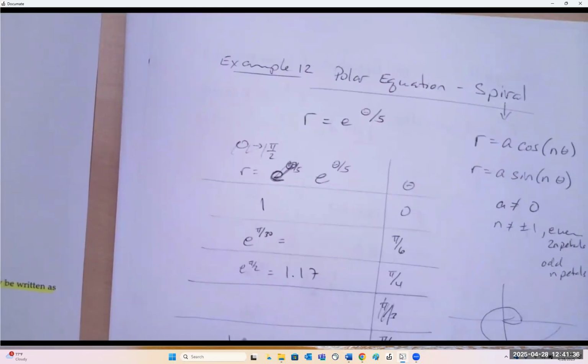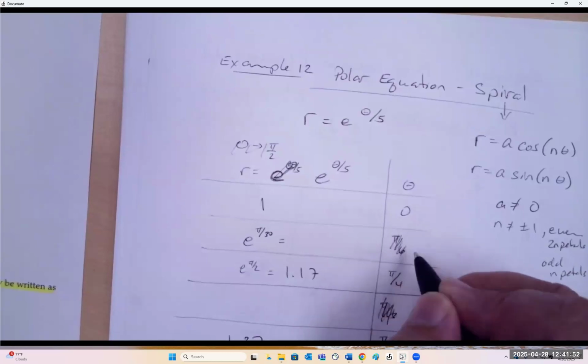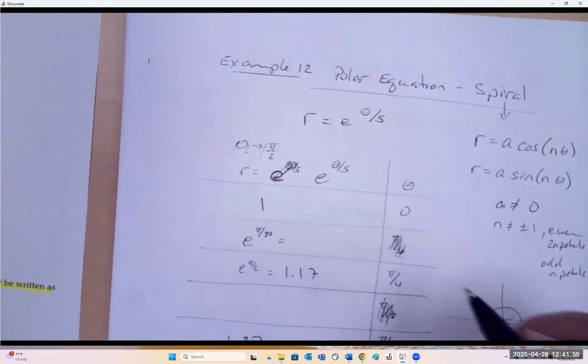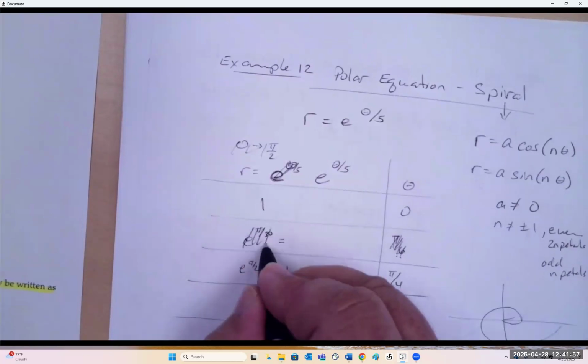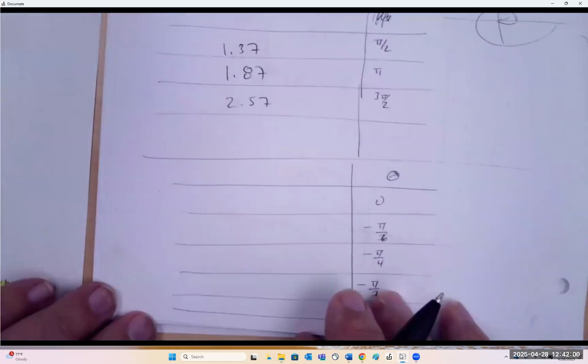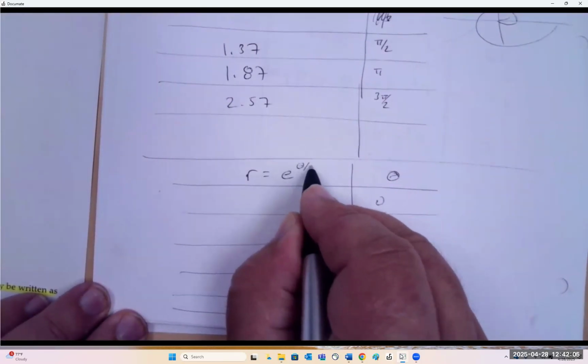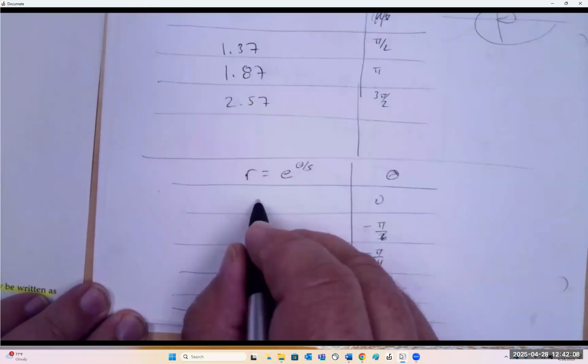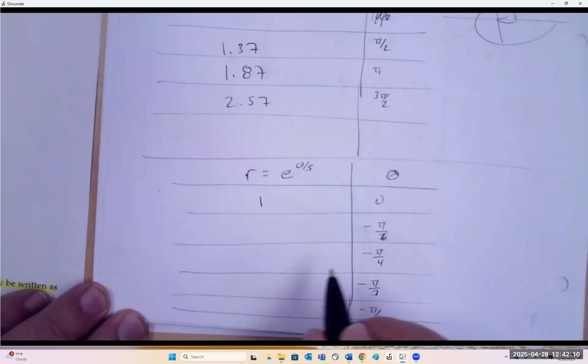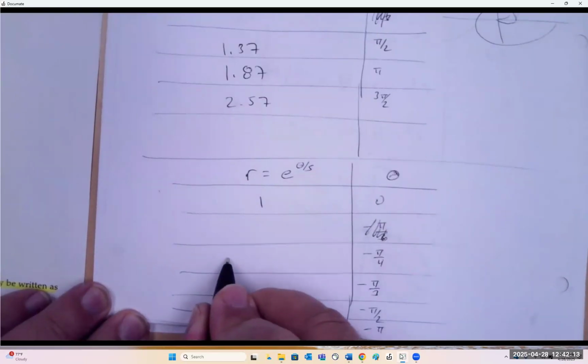I can use pi over 2. I can use pi. 3 pi over 2. Can't use pi over 3, since that changes with 2 pi over 6, I can't use those. Can't use pi over 6.